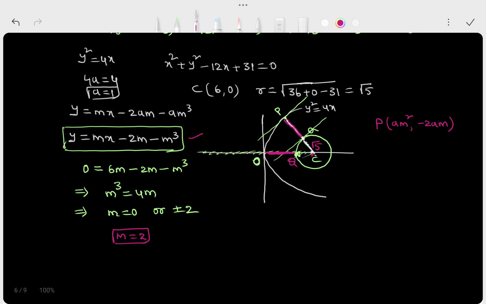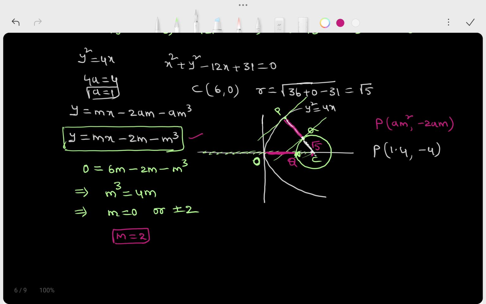So I hope everyone is clear on this. So m equals 2. If you write in that value, what is the point P? P will be, a value equals 1, m value equals 2, so am square is 4 comma, minus 2 into 2 will be minus 4.